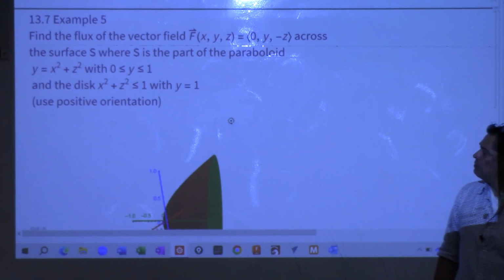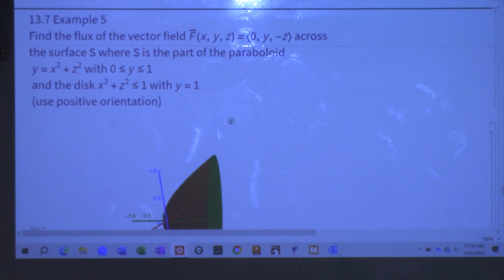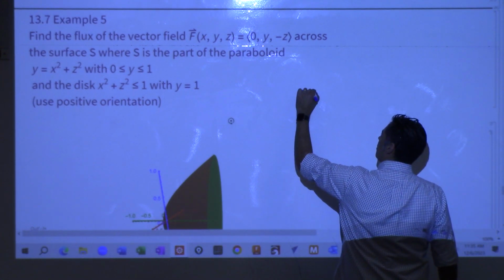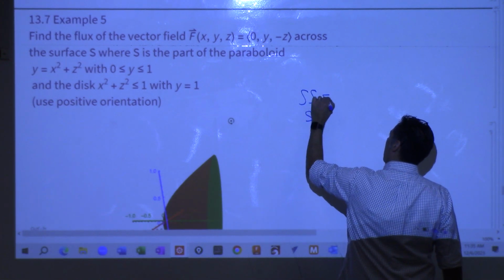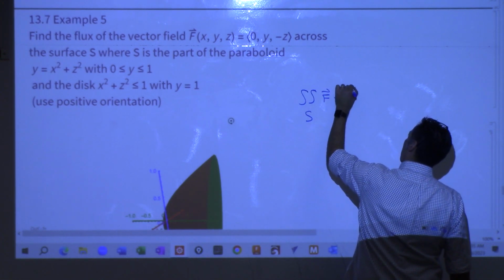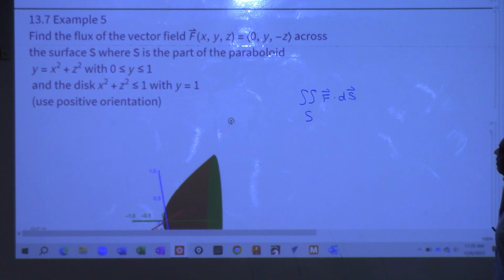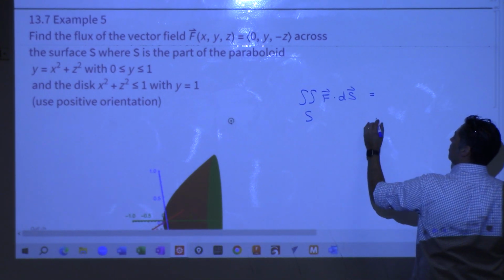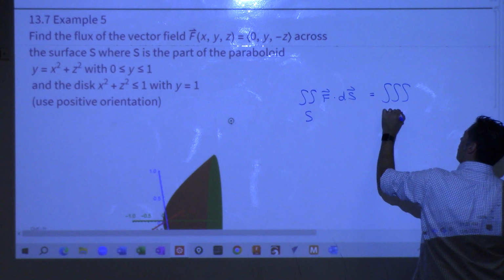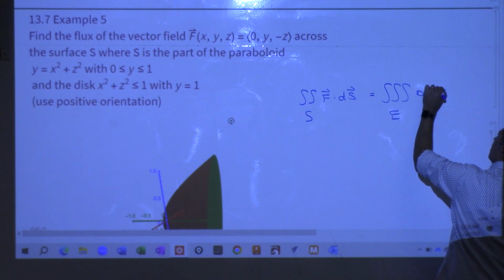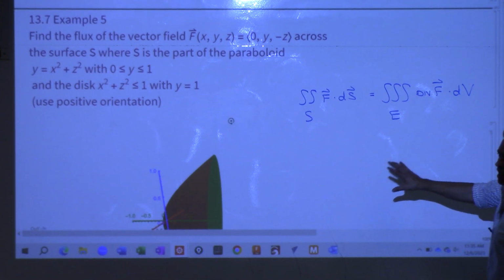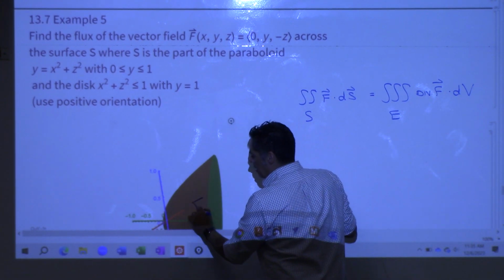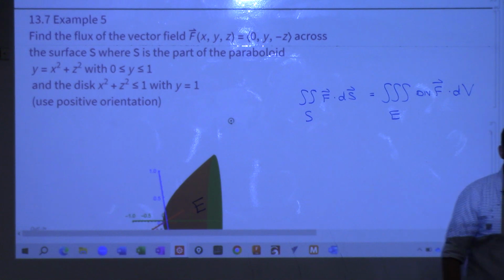Instead of finding the flux over this surface, the integral of F dot dS, I'm going to use the divergence theorem, the triple integral over E of div F dV. Now, E is the solid that this encloses, and we all agreed that there's a solid there that this surface encloses.